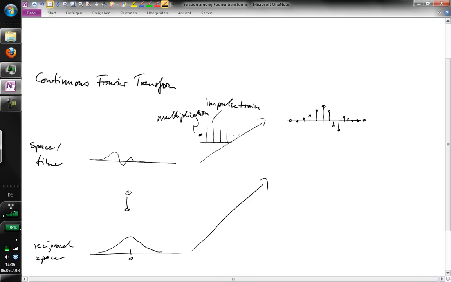Now we know from the convolution theorem that if I multiply in space with any filter, this amounts to a convolution in the Fourier domain, and without proof I'm stating that the Fourier transform of such an impulse train is again an impulse train. But this time here we have a convolution.